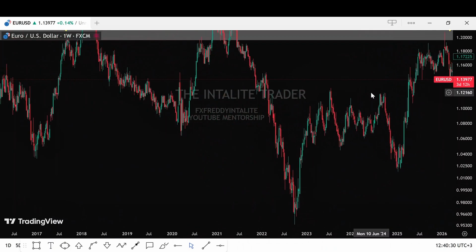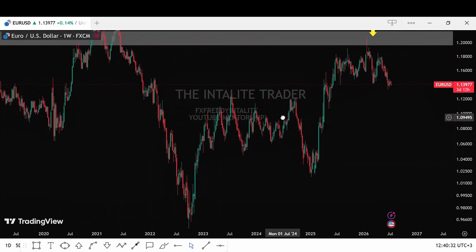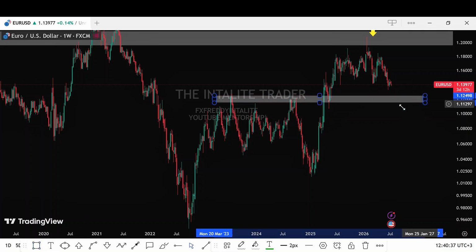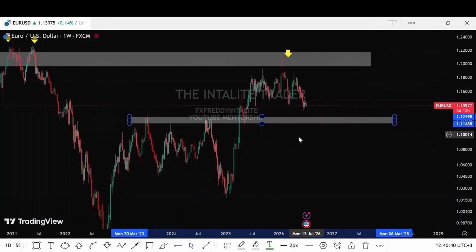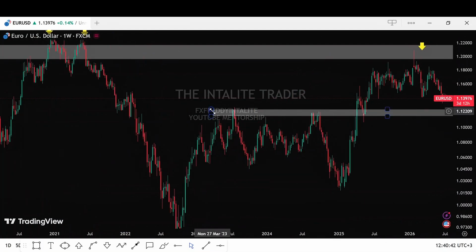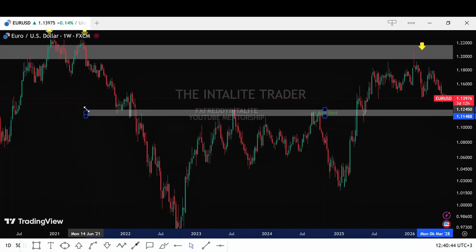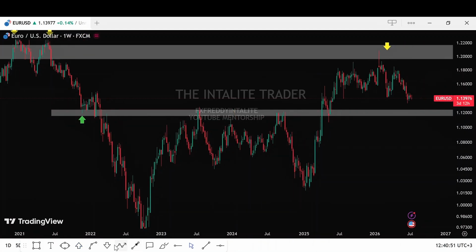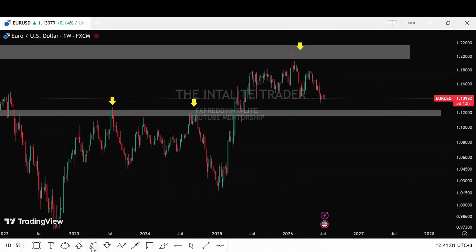Now, if we look at this level, we mark this where price is trading into right now, you can see this level has acted as both support and resistance. It has supported here in the past. It has kept price lower. It has again kept price lower. It kept price higher.